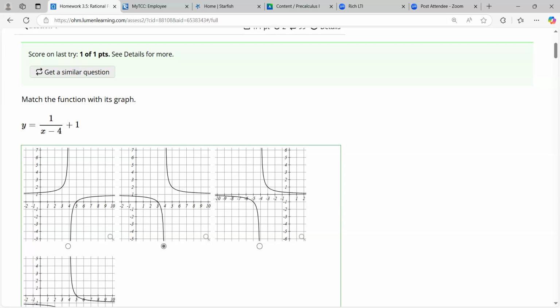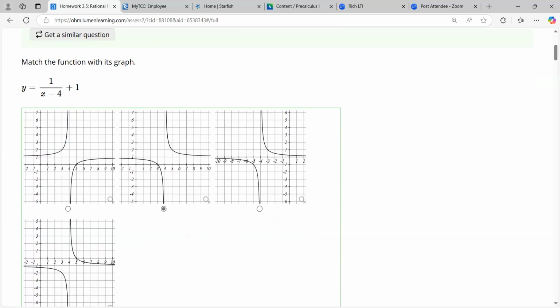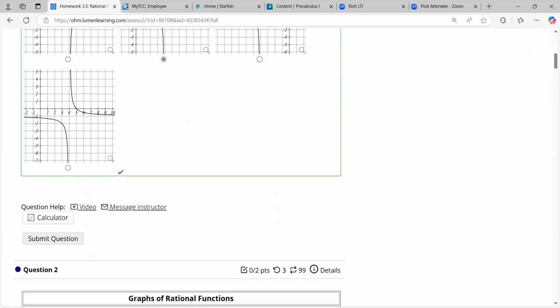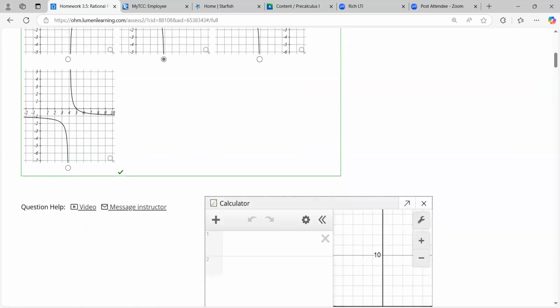Since these functions are achieved by moving the mother function to the right 4 units and up 1 unit, the center will be 4, 1. If you want to show how it moves, you can put the original equation in the calculator that's right there, and then put the -4 in, so you can show it on the calculator.